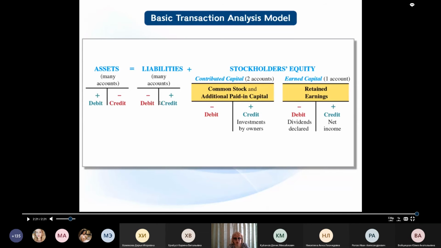This is why for liabilities and stockholders' equity, we have minus on debit, and plus on credit, or increase on credit. This formula provides us with the combination of assets, liabilities, and stockholders' equity, and this is the reason why we always stay in balance after each transaction.